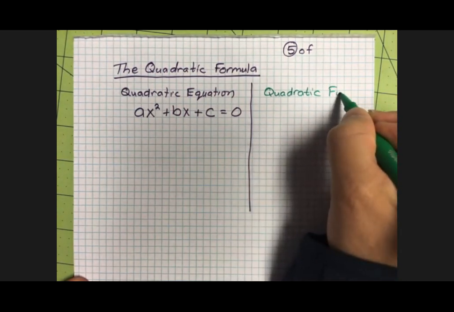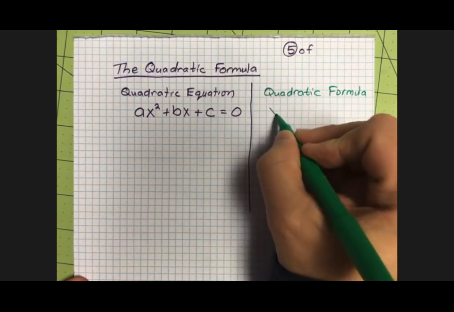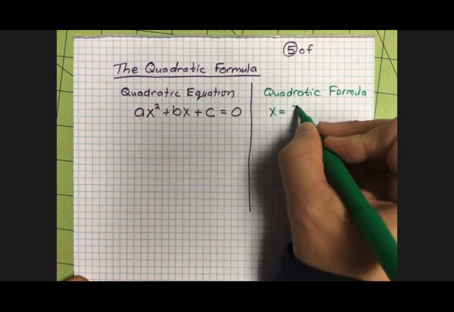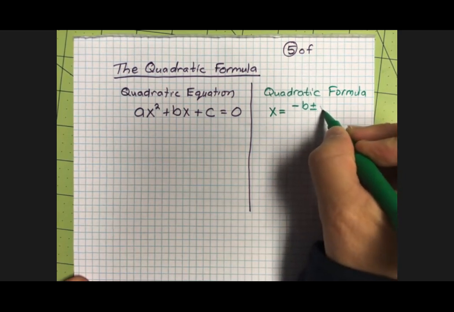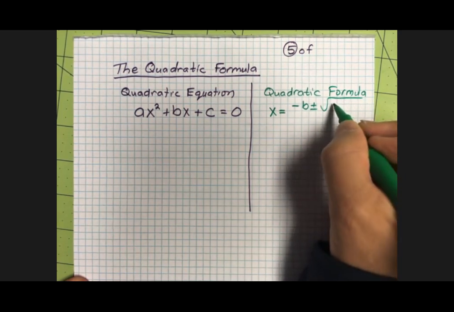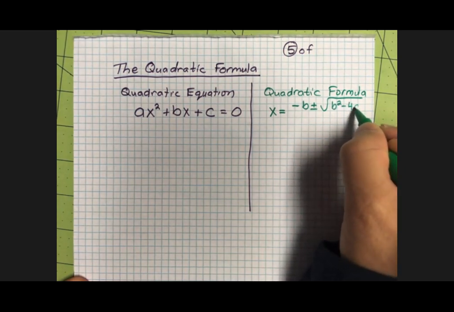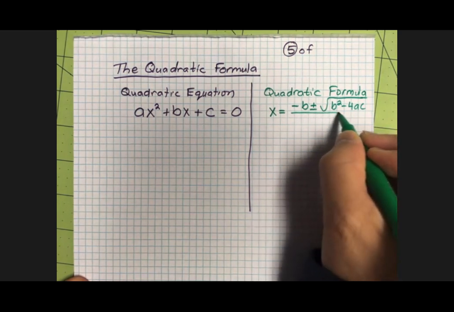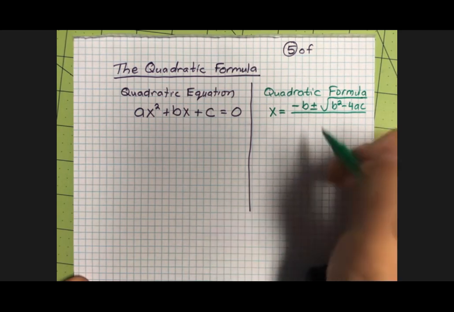It's called the quadratic formula. And it goes like this. x is the opposite of b, plus or minus the square root of b squared minus 4ac, all divided by 2a.